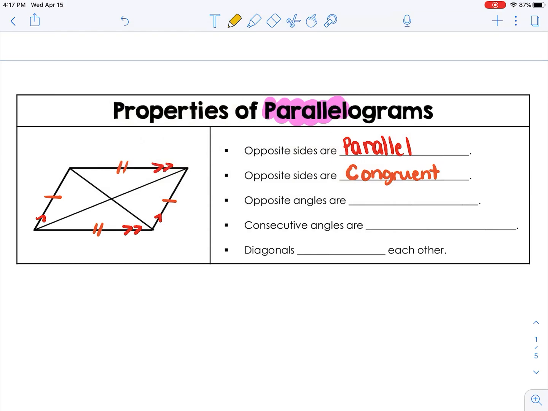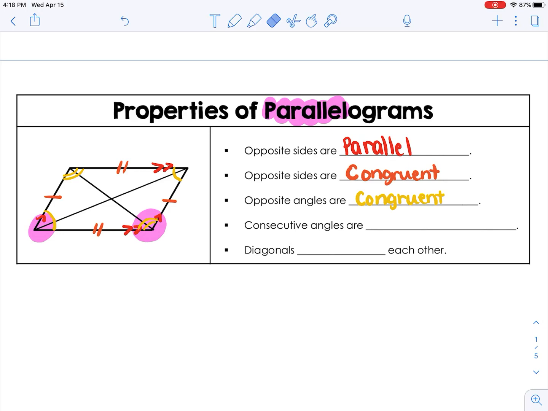So the opposite angles in a parallelogram are also congruent. That means that this angle is congruent to that angle. This angle is congruent to that angle. Now, the consecutive angles, like this angle and that angle, we know they're not congruent because they're marked differently.